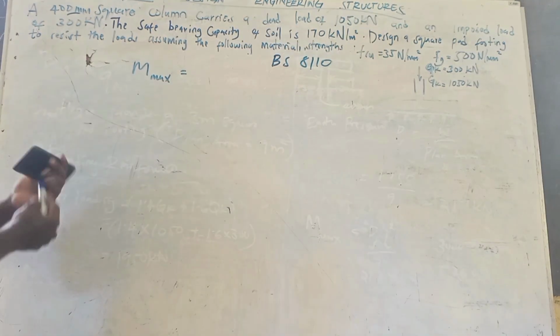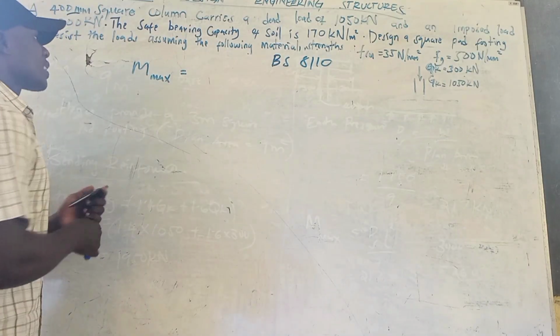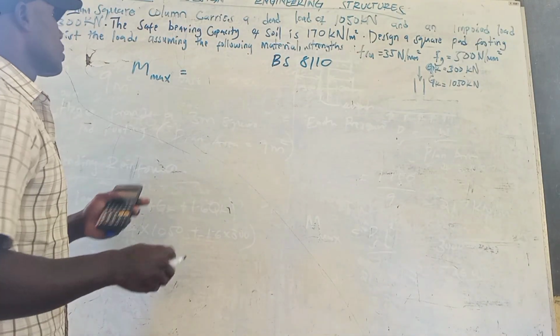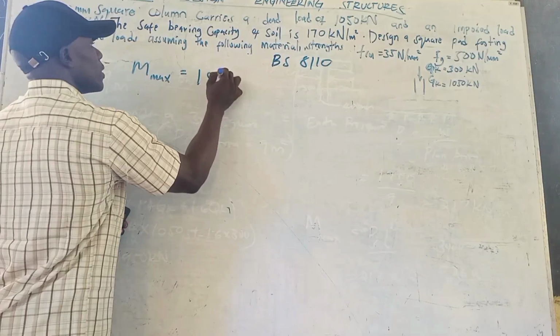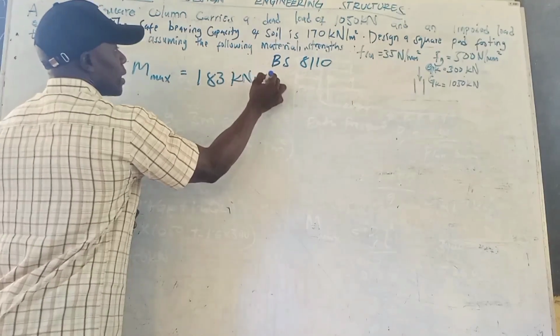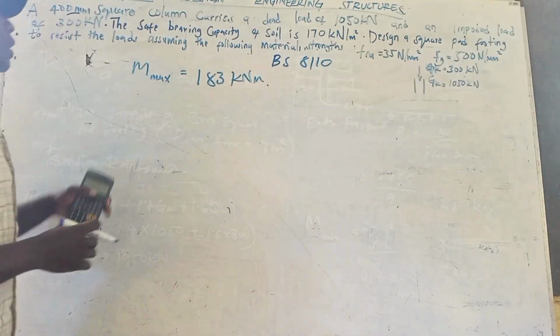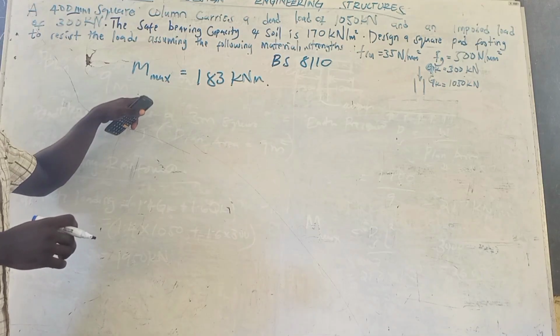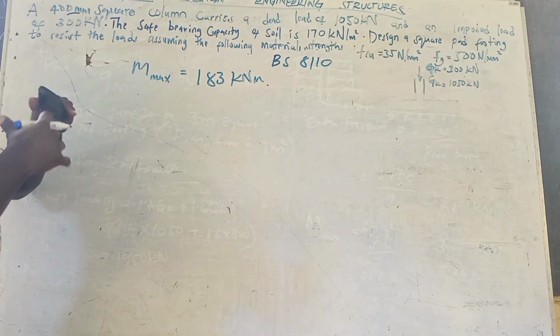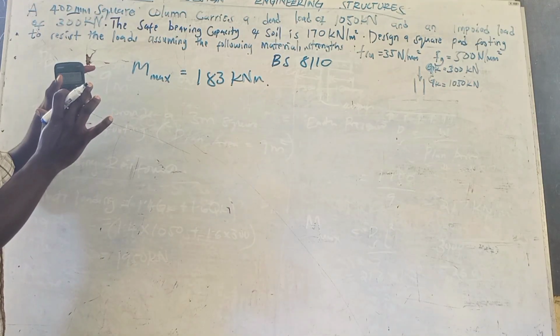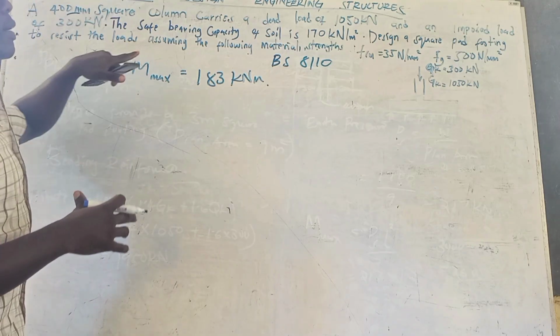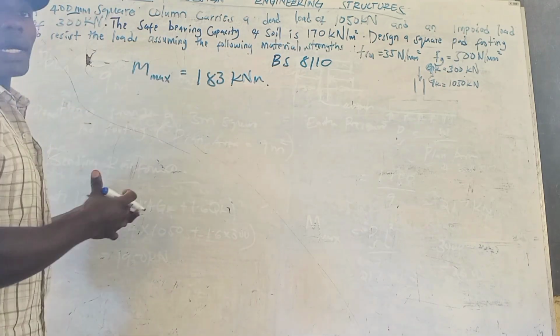Now, having worked out our maximum design moment to be 183 kilonewton meters, up to that point we shall have worked out the load side, or what our footing is expected to carry.